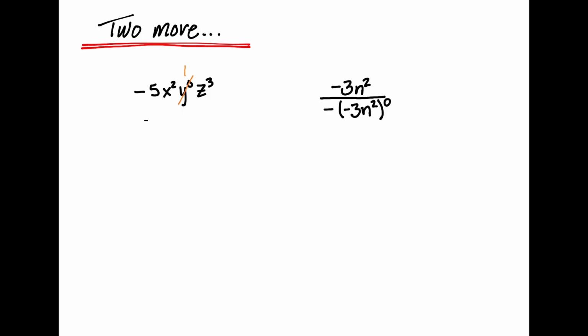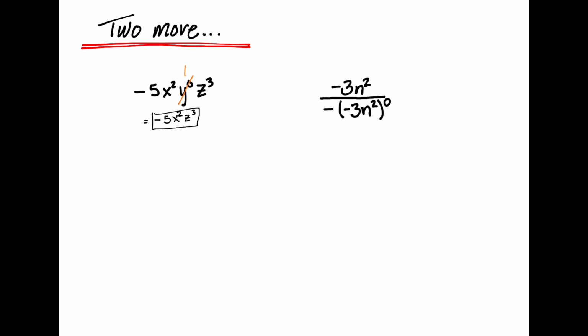Which means you're left with the negative 5, the x squared, and the z cubed. And that's it. Okay, now be really careful. This is just a negative 5. It's not a 5 to a negative exponent, so it doesn't need to move anywhere. It's just a negative 5. So this is your answer.